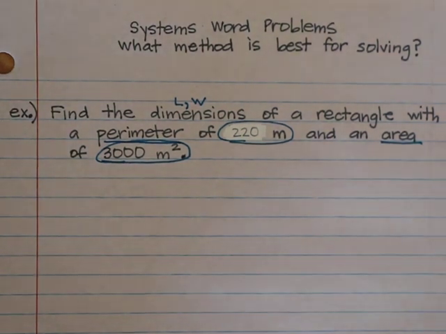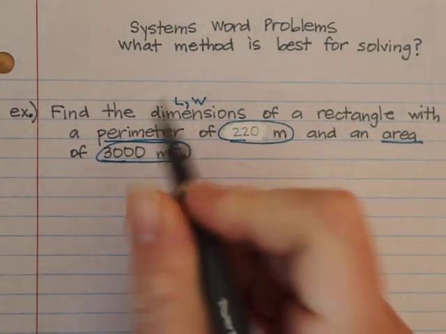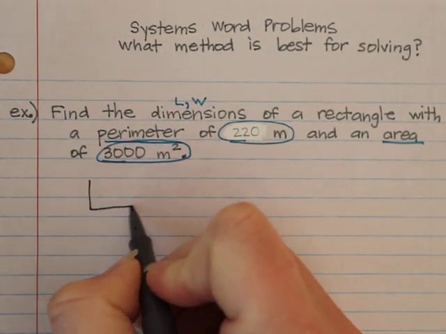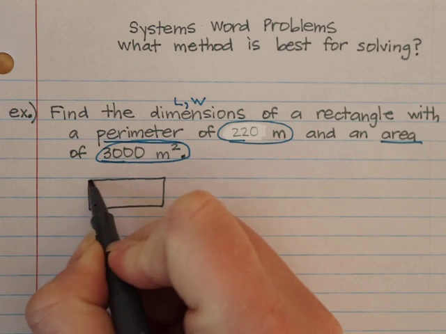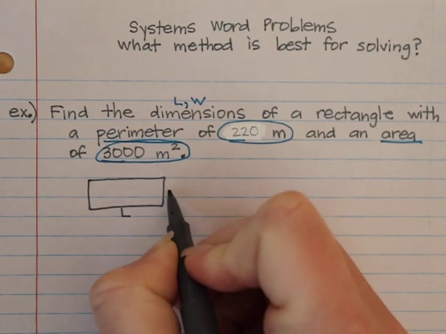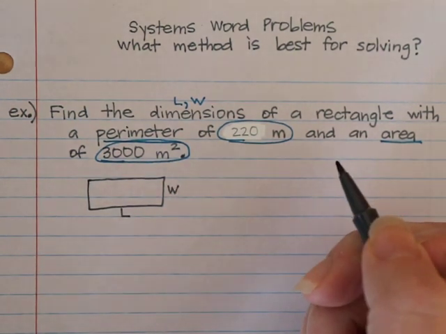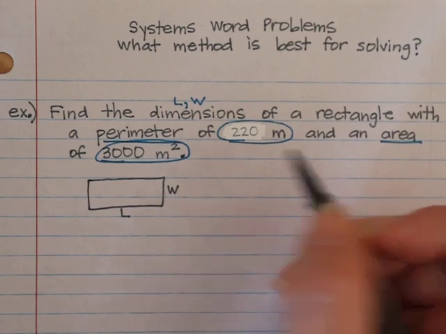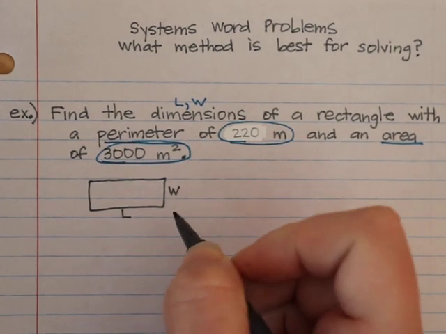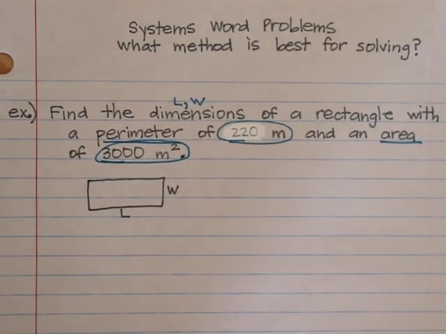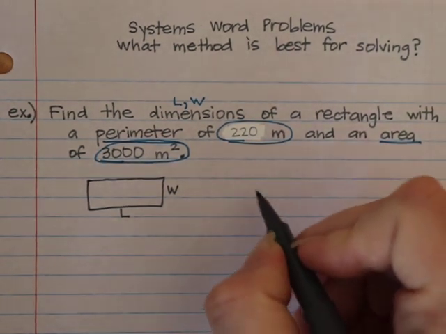So the perimeter of a rectangle, right? If we're thinking of a rectangle, it's a lovely rectangle. We have a length and a width. I don't really care which one is which, and if you wanted to do base and height or X and Y, that's totally up to you, as long as you're keeping track.